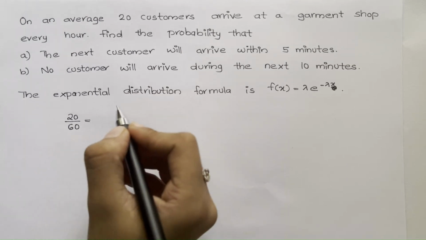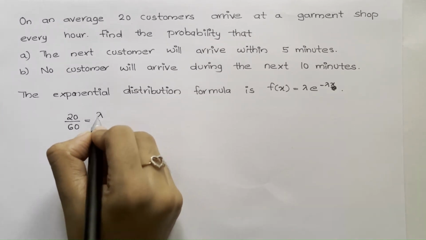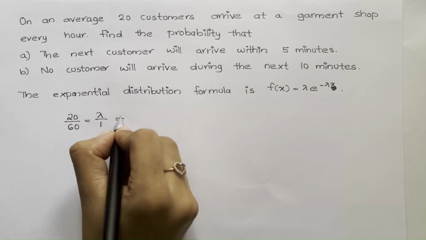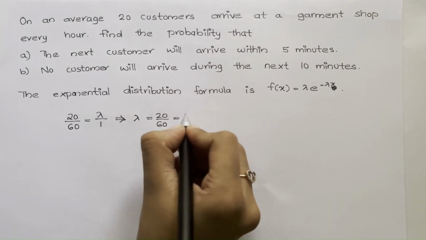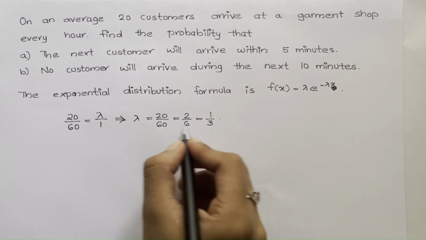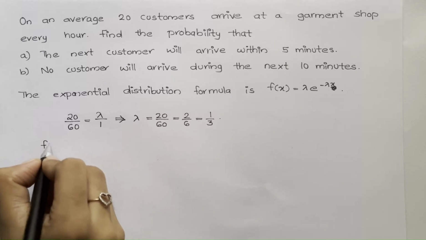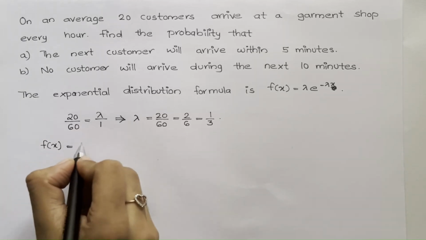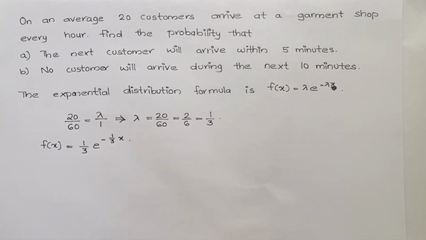Now, we have to find out the number of customers arriving in 1 minute, that is lambda in 1 minute. Lambda equal to 20 by 60 equal to 2 by 6, which is reduced as 1 by 3. Therefore, lambda equal to 1 by 3. Then the new exponential probability formula is f of x equal to 1 by 3 e raised to minus 1 by 3 x.